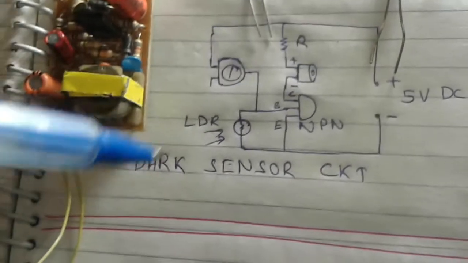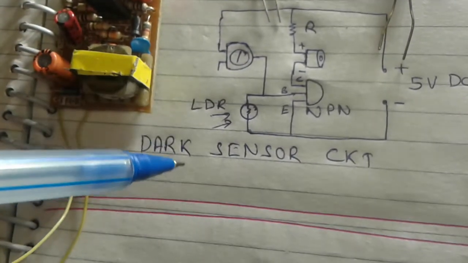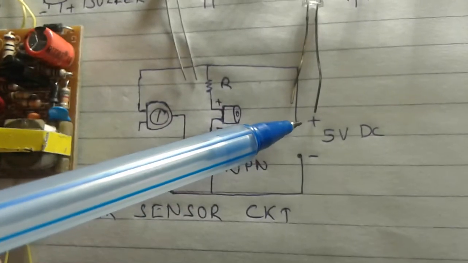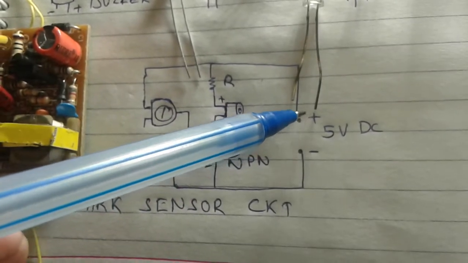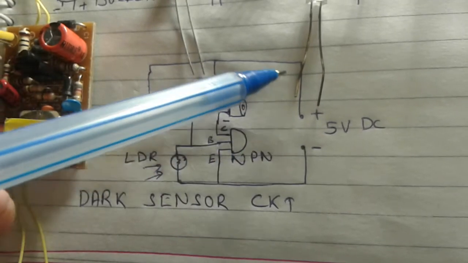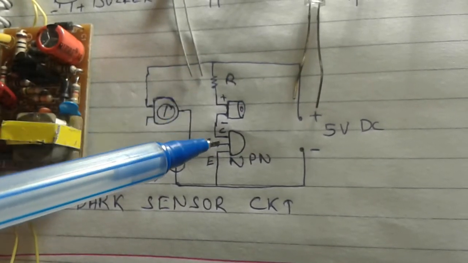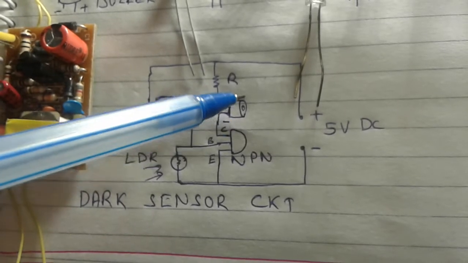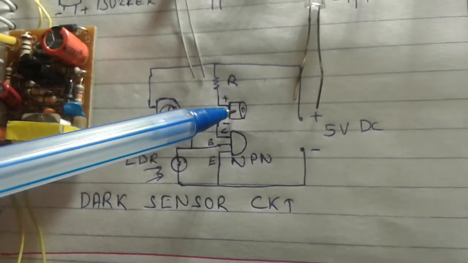And this is the first circuit which I'm going to show you. It is a dark sensor circuit, and this is the power supply, positive supply, negative. Positive is going to the collector through this resistance, and this is the buzzer which is showing you the output.